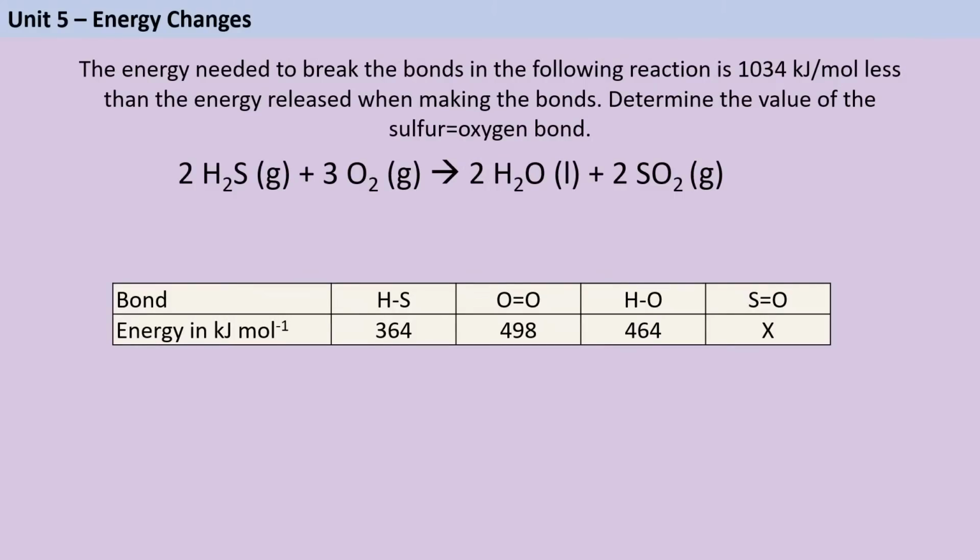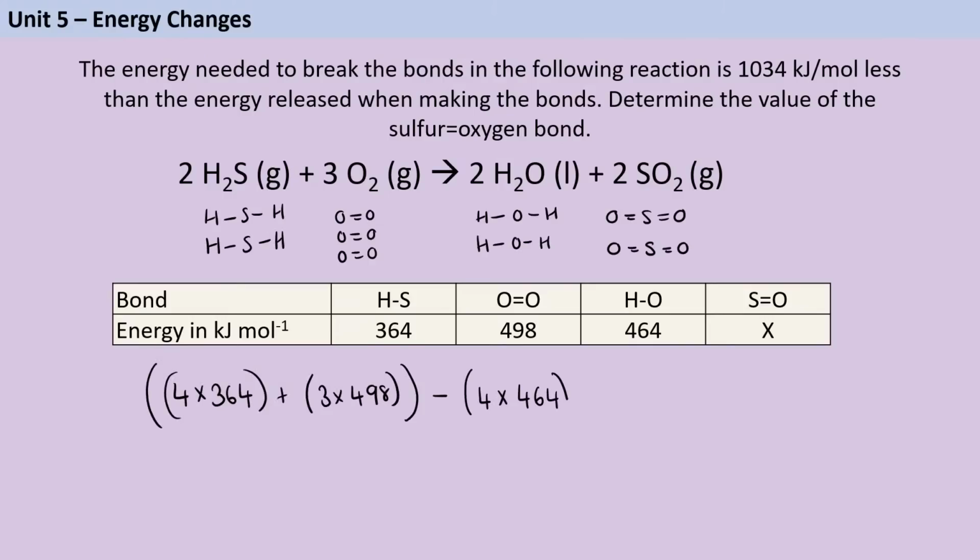The other thing they could do that is a bit mean, and that they have done a couple of times in recent years, is give you that overall energy change and ask you to work backwards. So like I said, I like to draw out all my molecules, so I would write it out just like I would before. The left-hand side is 4 lots of 364 for the hydrogen-sulfur bonds and 3 lots of 498 for the oxygen bonds. Realistically, I would probably work out a total for that rather than doing it as one big expression.